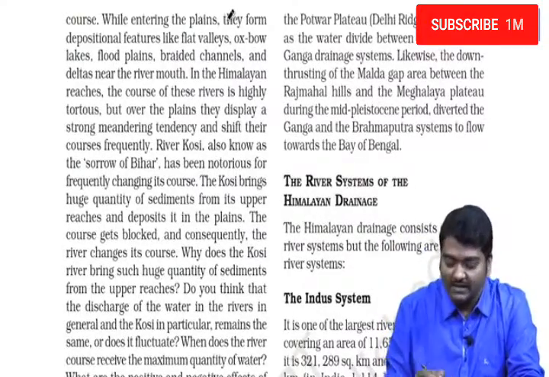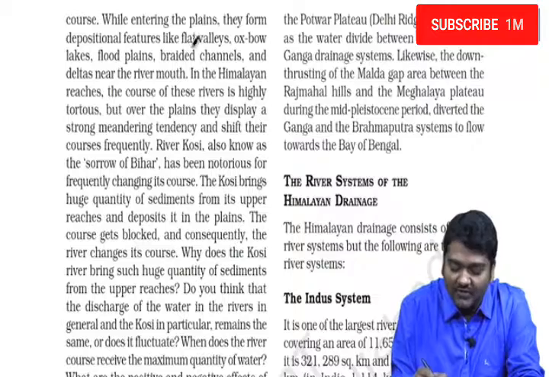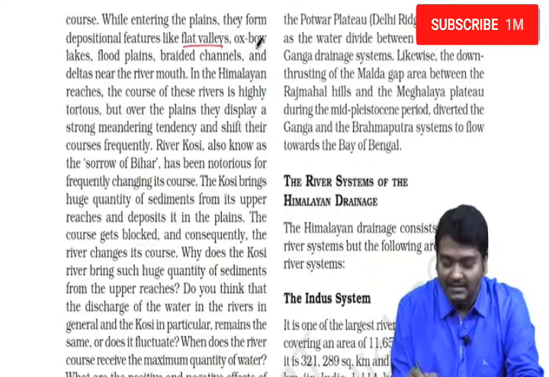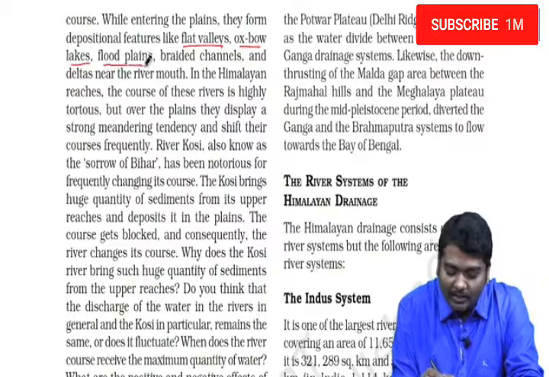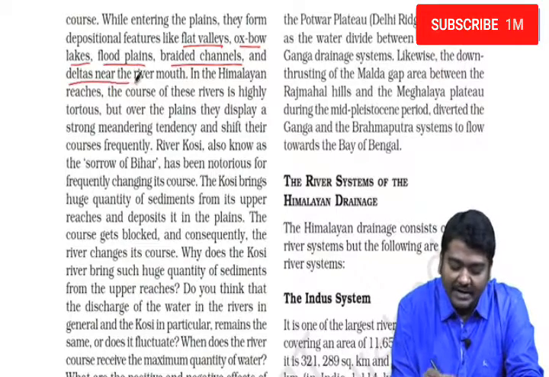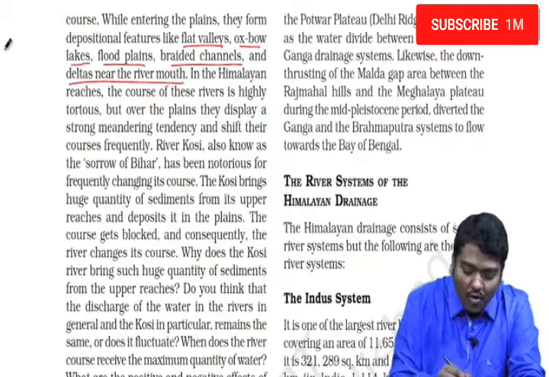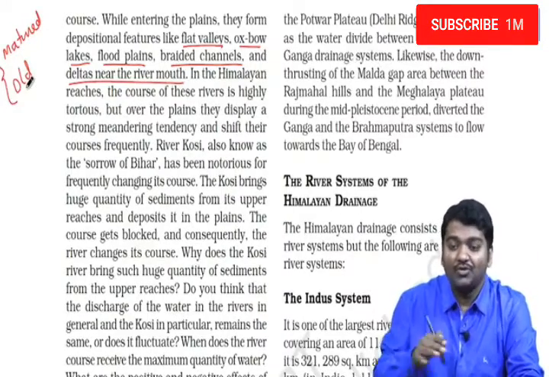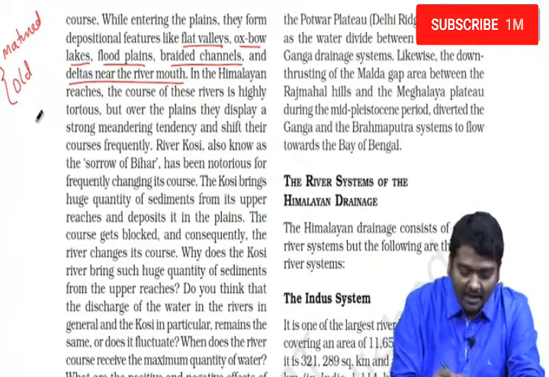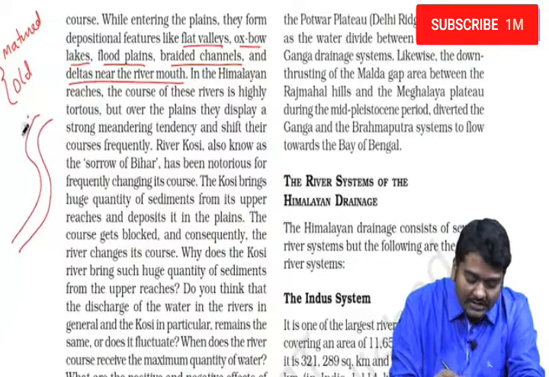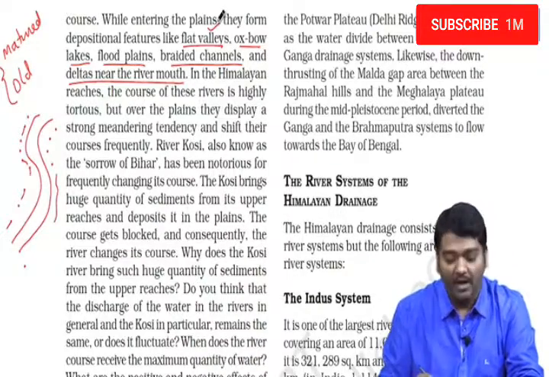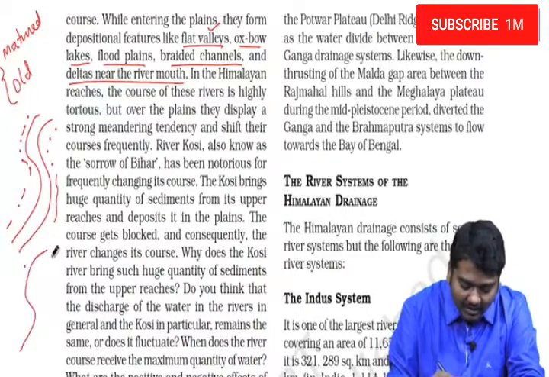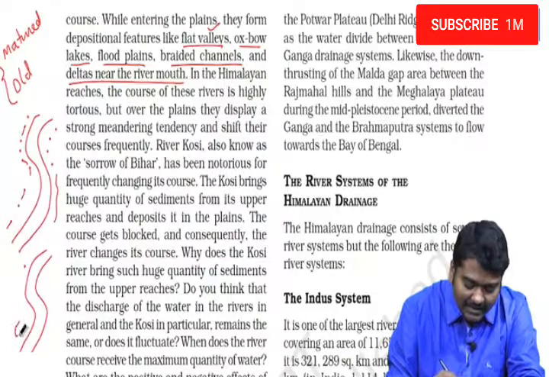While entering the plains, they form depositional features like flat valleys, oxbow lakes, floodplains, braided channels, and deltas near the river mouth. You should know that in the matured age or old age of the rivers, they usually meander. Whenever they meander, some deposition takes place. So these are like flat valleys, and whenever it is meandering like this, some lakes are left out.